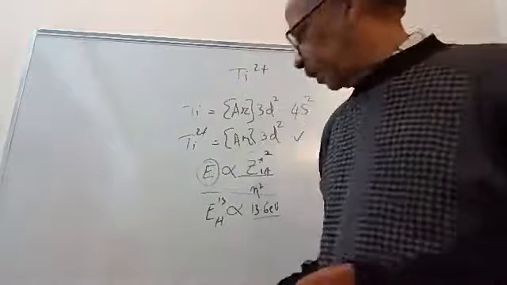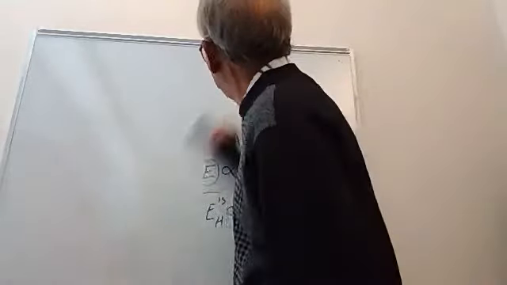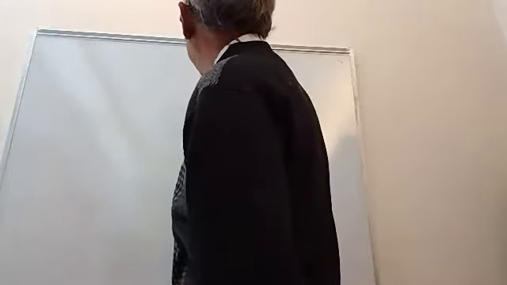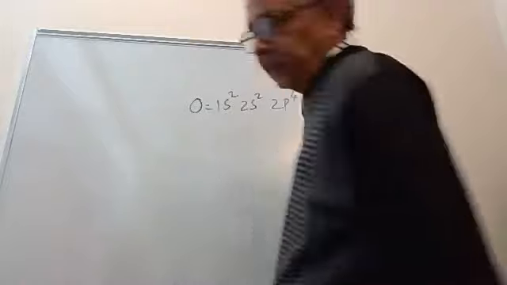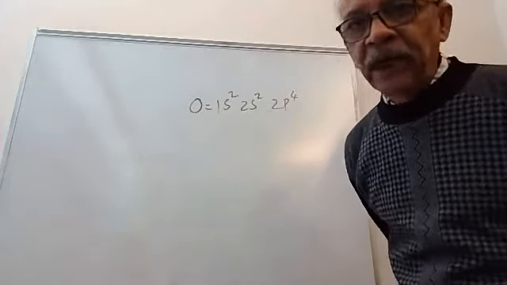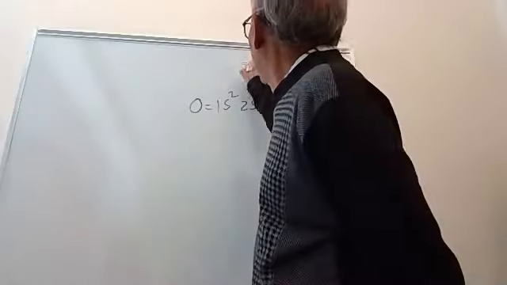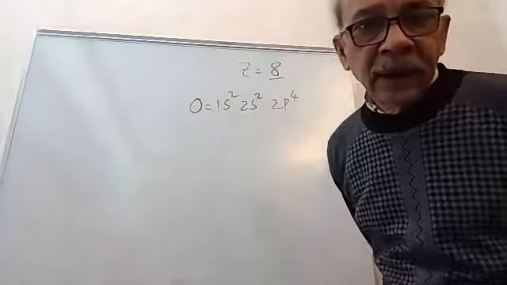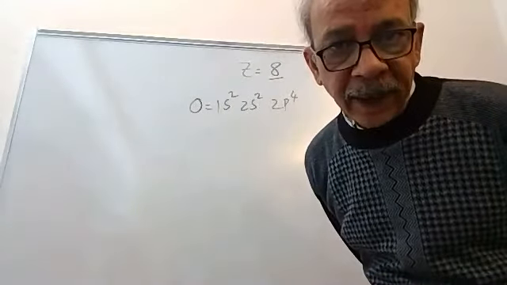All right. So to begin with, we start with the electronic configuration of oxygen. Oxygen is 1s2, 2s2, 2p4, correct? There are 8 electrons in the oxygen nucleus, so the atomic number of oxygen is 8, correct?